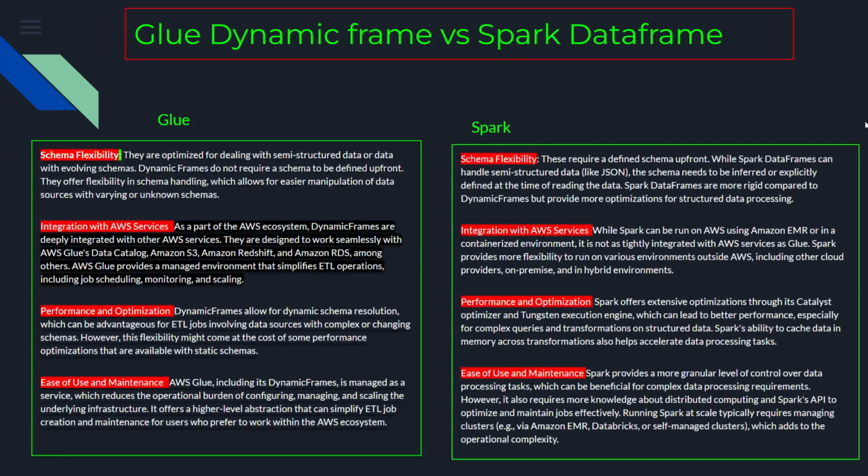So you can see these are the main differences: schema flexibility, integration with AWS services for both Glue and Spark, performance and optimization, and ease of use and the maintenance part.